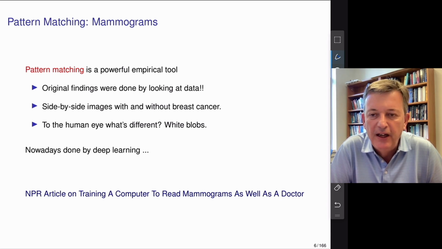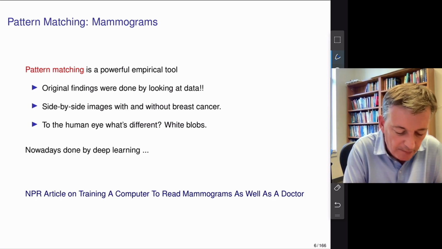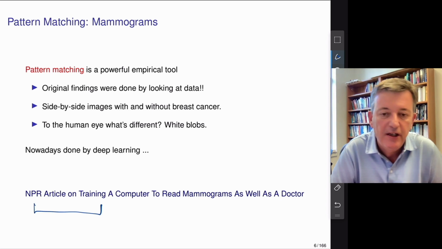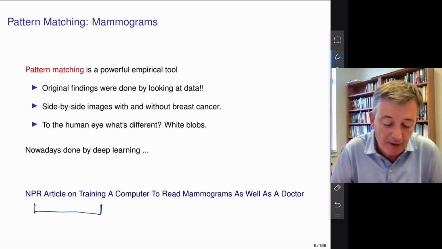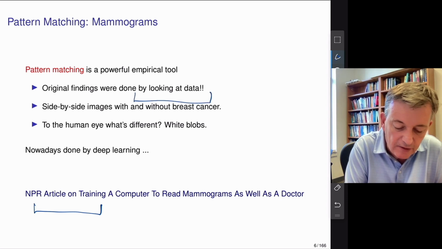One thing I thought was quite interesting is pattern matching mammograms, in Chapter 6 on healthcare analytics. There's a very nice NPR podcast that talks about how mammogram tests were initially found. Essentially it was found purely empirically by looking at data.